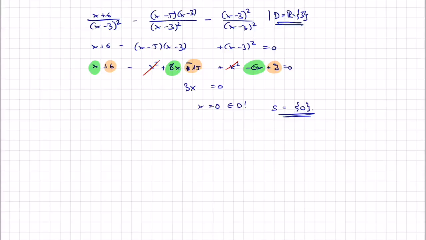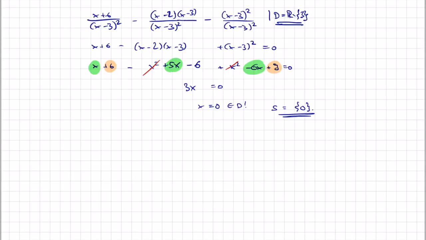So x minus 5 is actually x minus 2. The domain, the common denominator, all that doesn't change. What changes is that this now is plus 5x and minus 15 is minus 6.